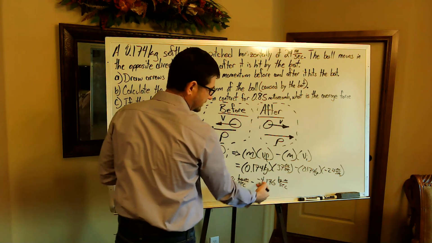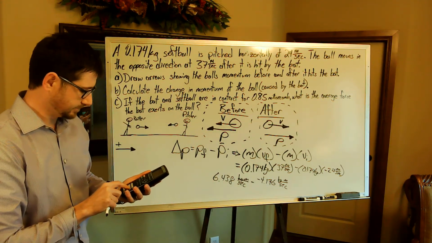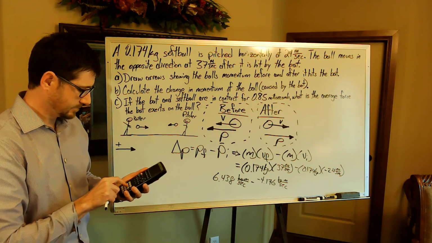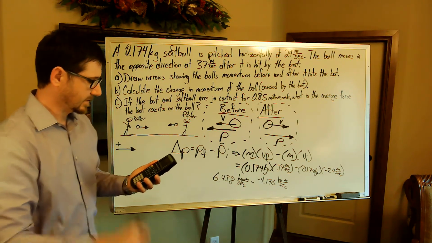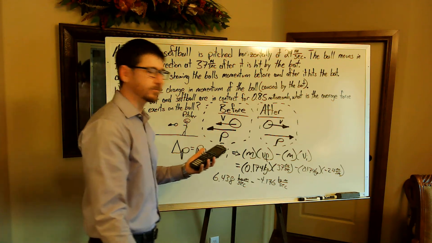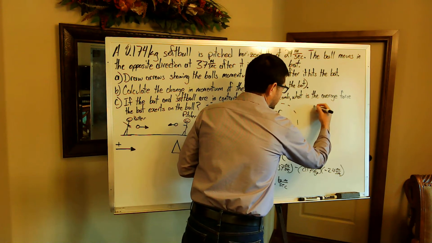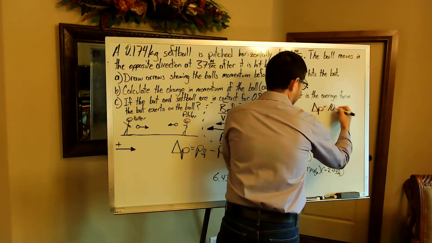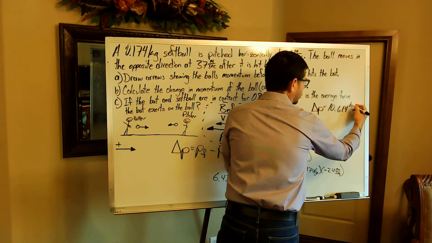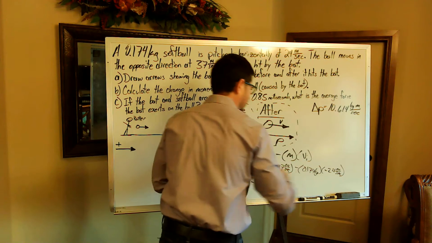I have two negatives here, so this is going to give me a positive. We have 10.614 kilogram meters per second. So our change in momentum is 10.614 kilogram meters per second.